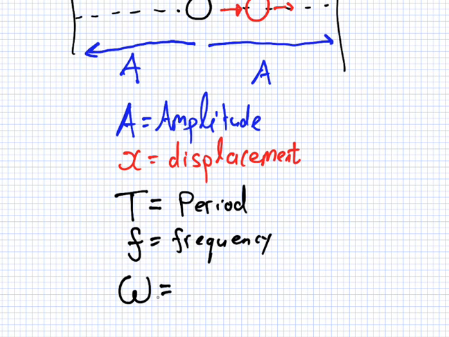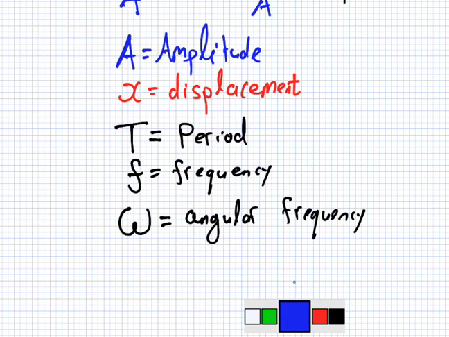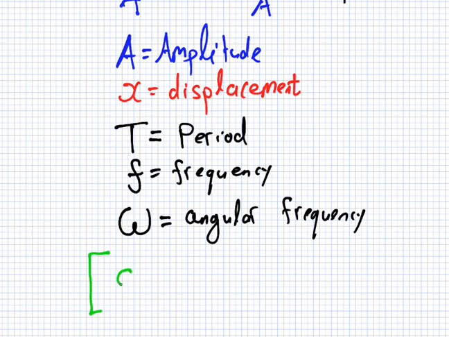And that omega, that's called still angular frequency, so we have this from yesterday as well. And there's another word here, I'm going to put it in green, and we'll look at it later.